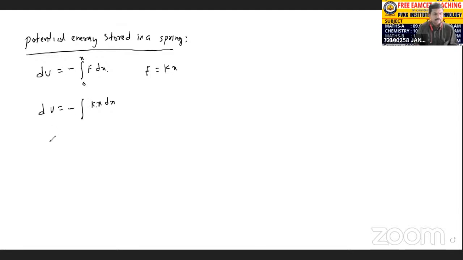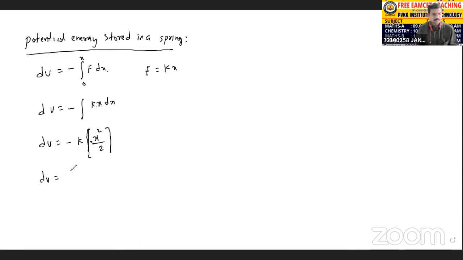So dU is equal to minus k into the integration of x into dx, which is x square by 2. So dU is equal to minus x square by 2.